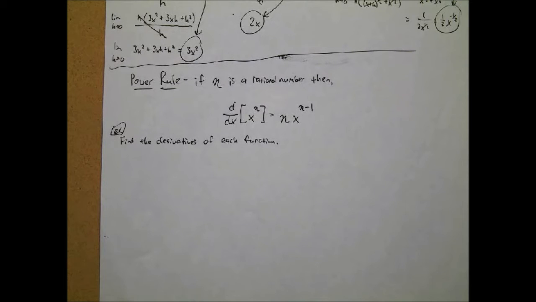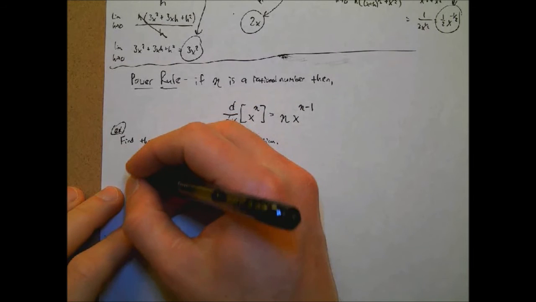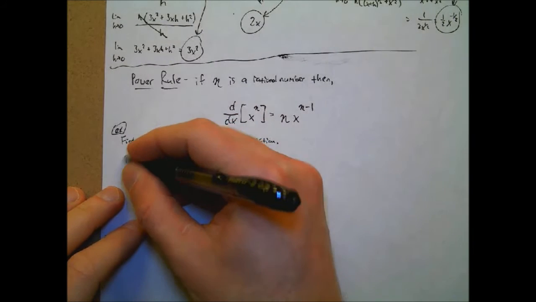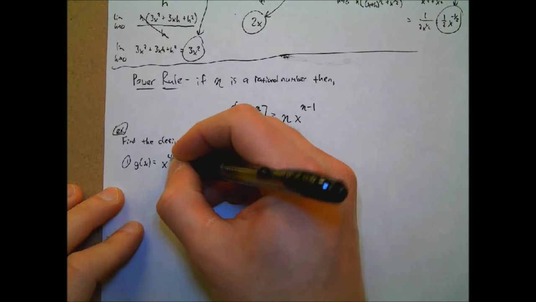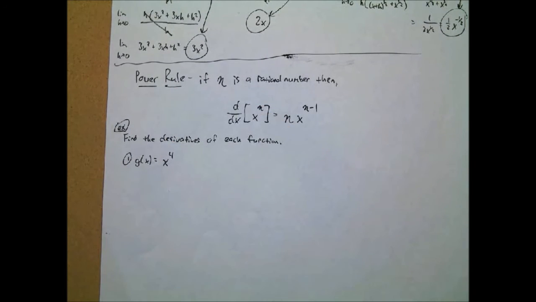Okay. So let's start with some basic ones here. Let's do g of x equals x to the 4th.